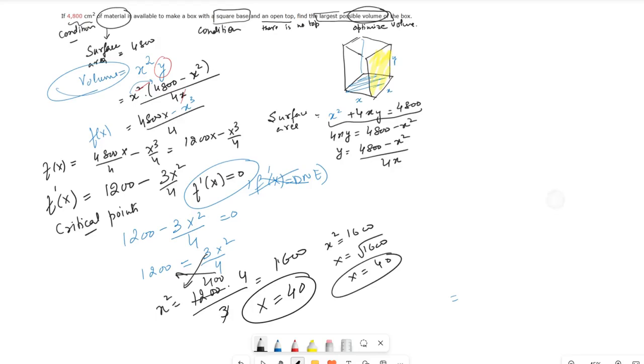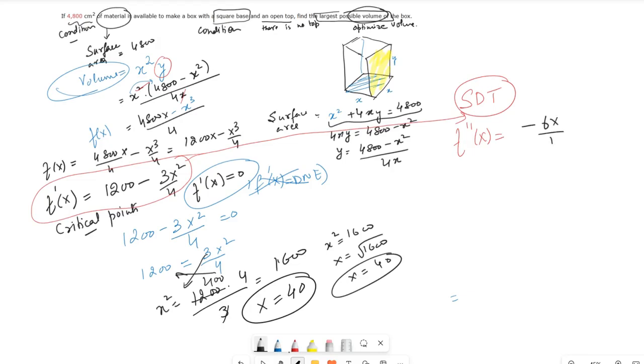We just need to confirm that f is a maximum using the second derivative test. So find the second derivative of the function by differentiating one more time. The derivative of 1,200 is 0, minus 6x by 4, which is basically negative 3x by 2.